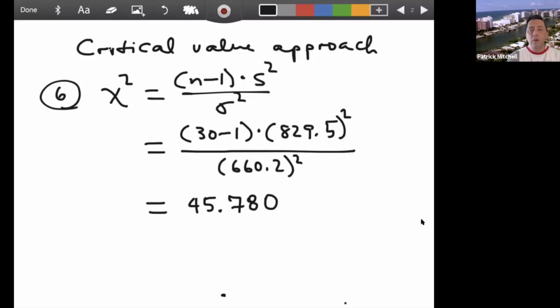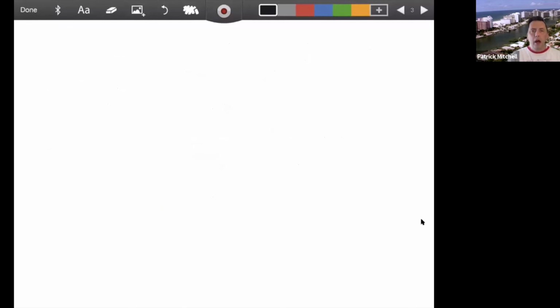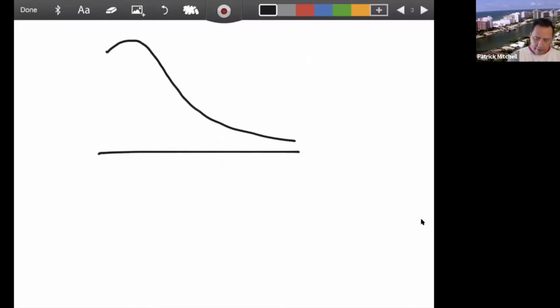And I'm going to use table A4 for that, but first I want to draw you a picture of what the critical values represent. So a chi-square graph looks kind of like this. Remember, it's not symmetrical. The significance level is 0.01.